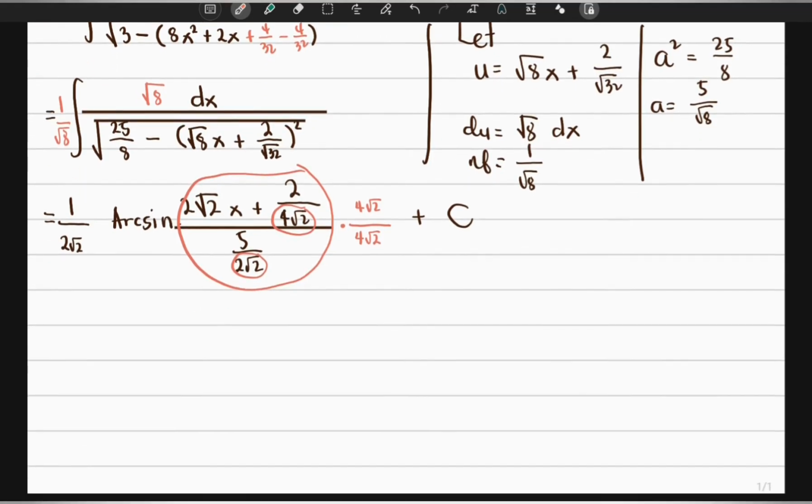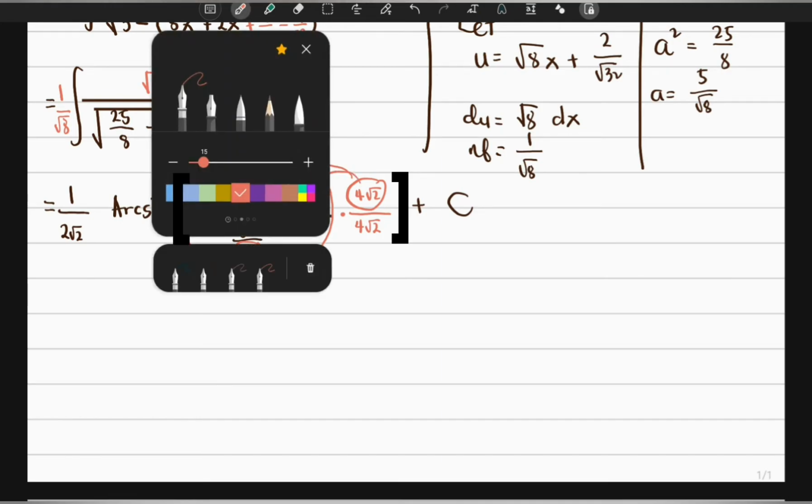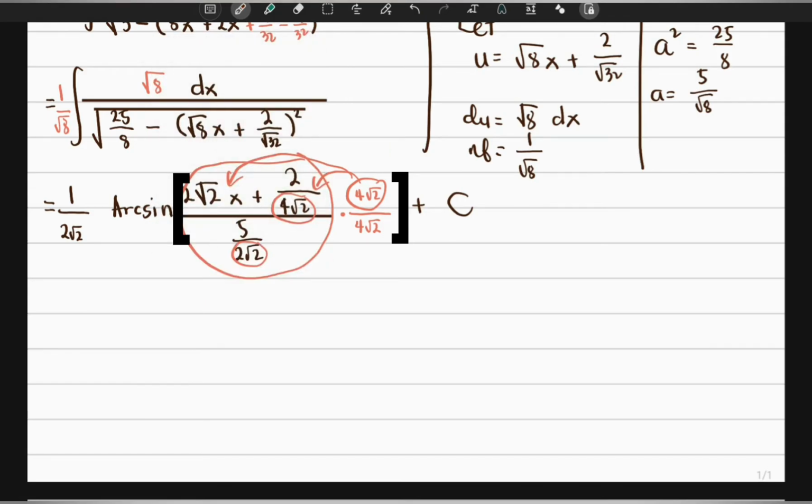Ayan yung denominator. So, yung 4 square root of 2 na to, i-multiply natin dyan. Okay? Pati dun sa denominator. Dito, mag-rationalize na rin tayo. We have square root of 2 over 4. Ayan. Tapos dito, i-simplify na natin.